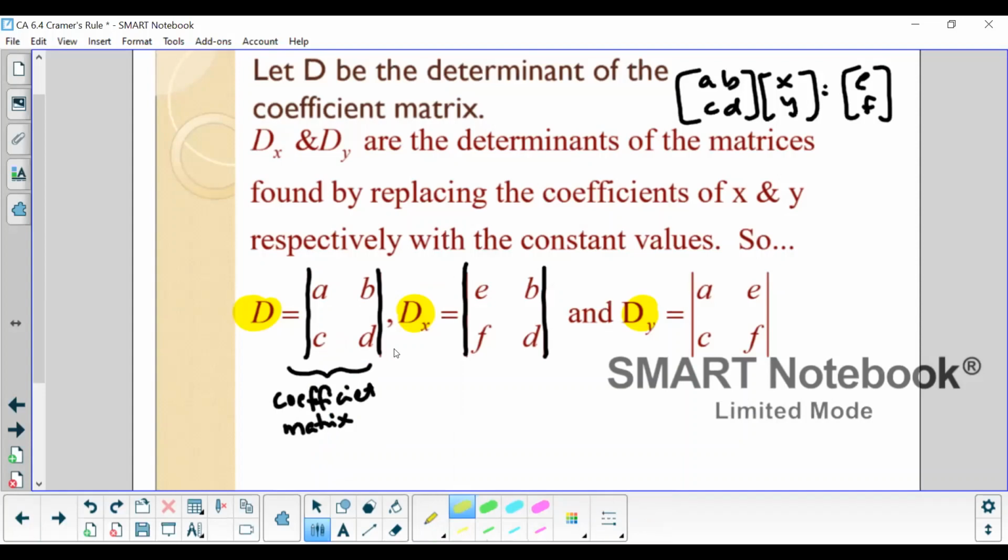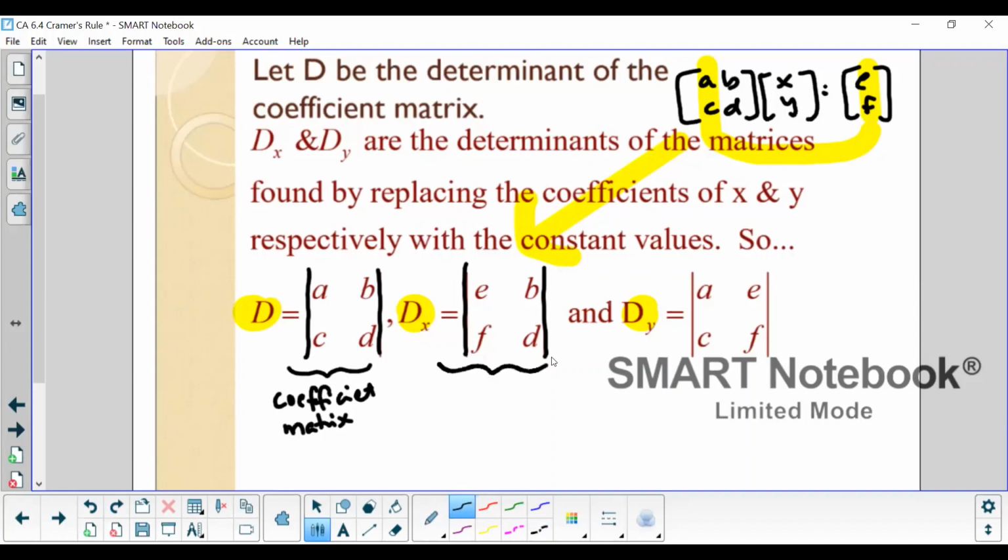So if we take these constants over here, the E, F, and replace the first column here, but leave the B, D alone, that's how we get this determinant right here, okay? The constants replaced the first column. And remember, the first column represents the x's, the coefficients of the x's. So D sub x is when the constants replace the first column.